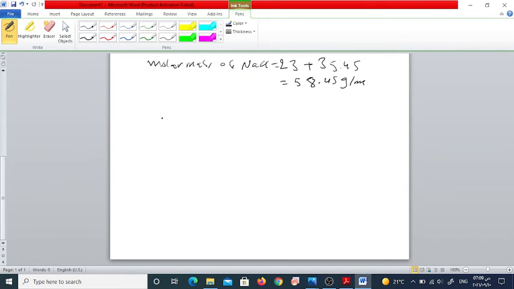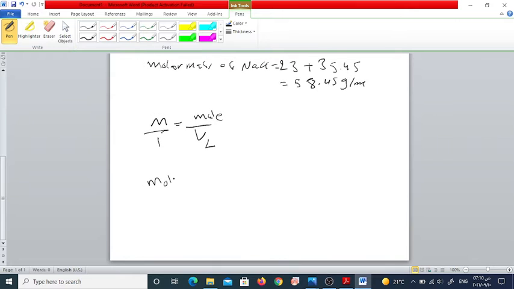We have molarity equals moles of solute divided by volume of solution. Then moles equal molarity times volume in liters.